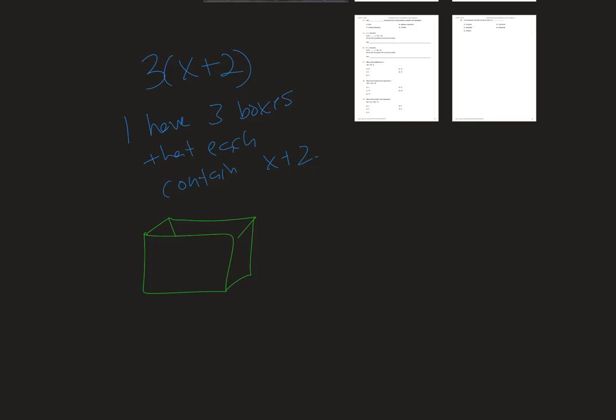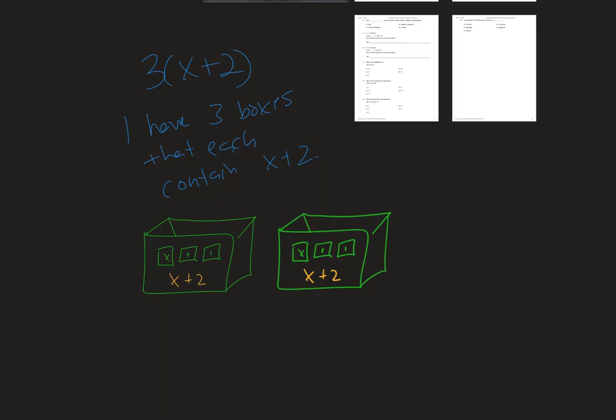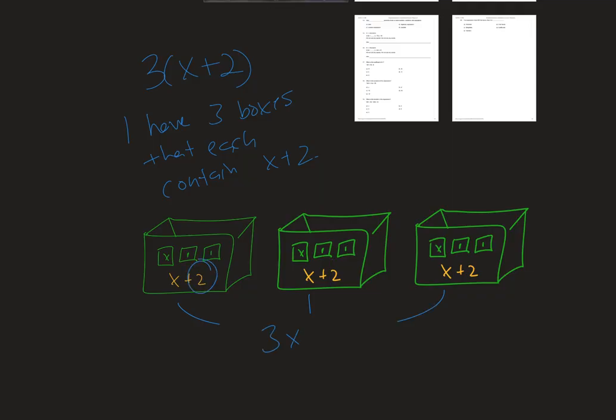If you're looking down in the box, you can see there's an x, and there are 2 things that say 1 on them, so what's inside this box is x plus 2. And if I were to draw this box 3 more times, then I could just count up what I had: I have 1x plus another x plus another x, that's 3x. And 2 plus 2 plus 2 is positive 6. And then I would be done.